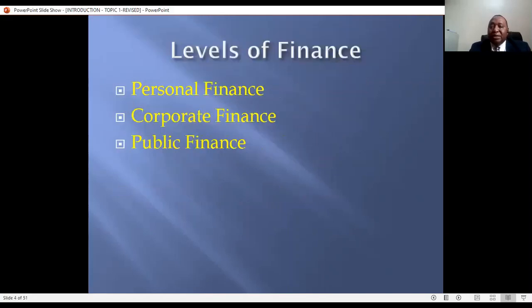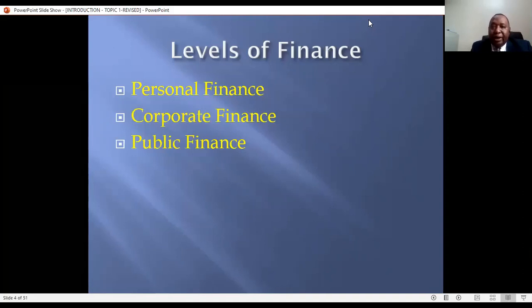Then we look at finance in 3 levels. We have personal finance, and this personal finance deals with the individual. That is, how does the individual manage their own resources? What, as an individual, do you generate? How do you generate your resources, and how do you allocate those resources?